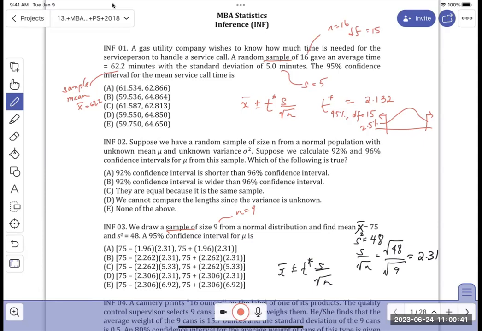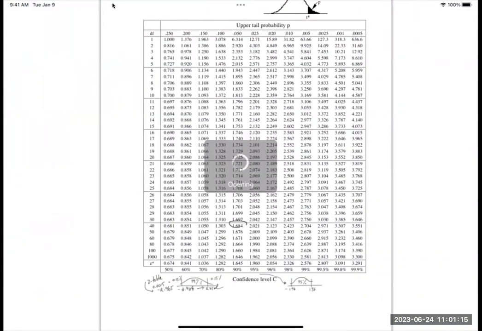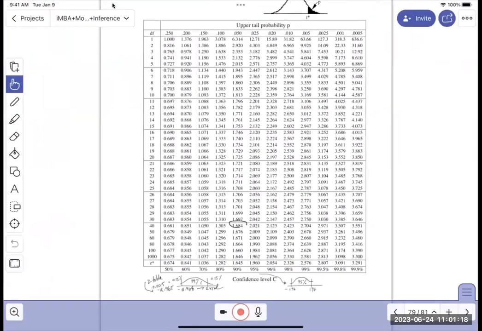So T star. This is the tricky part. T star for 95% and degrees of freedom are 8. So we have to go back to the table from the bottom. 95, if you can see, and degrees of freedom are 8.